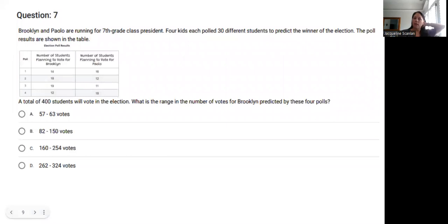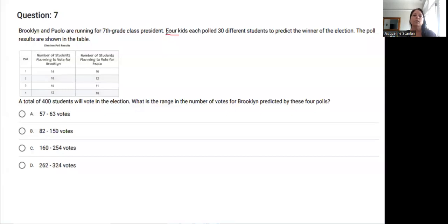Question number 7 on the test says, Brooklyn and Paolo are running for 7th grade class president. 4 kids each polled 30 different students to predict the winner of the election. The poll results are shown below. So in this table, you can see that it talks about the election poll results.